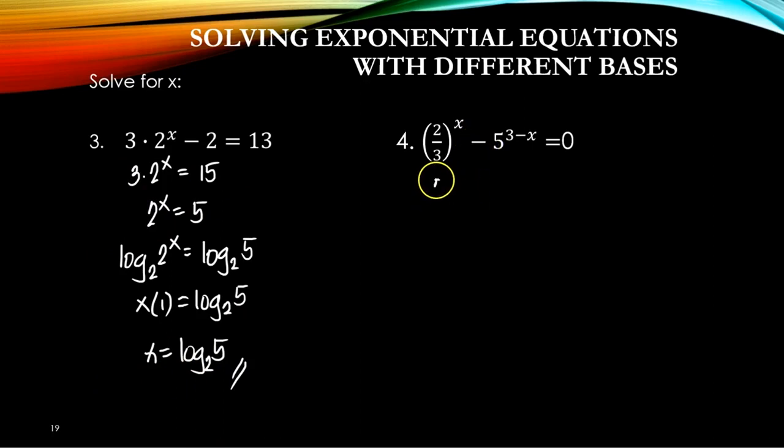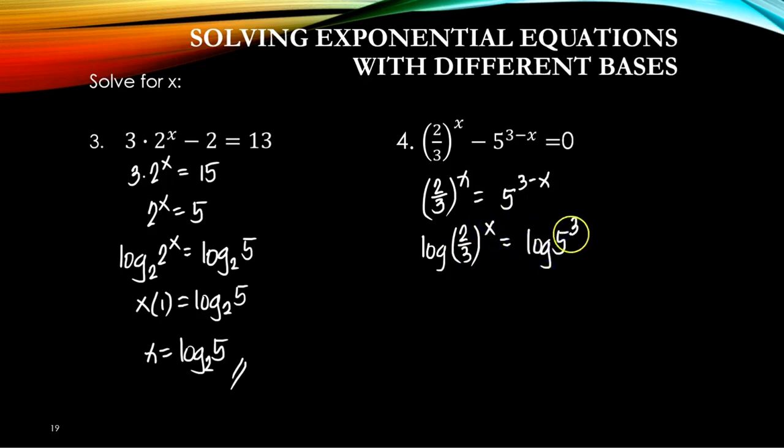Here, 2 over 3, sorry, 2/3 raised to x is equal to 5 raised to 3 minus x. So what I can do here is I apply log to both sides. Maybe I can just apply base 10. So x log of 2/3 is equal to 3 minus x log of 5.